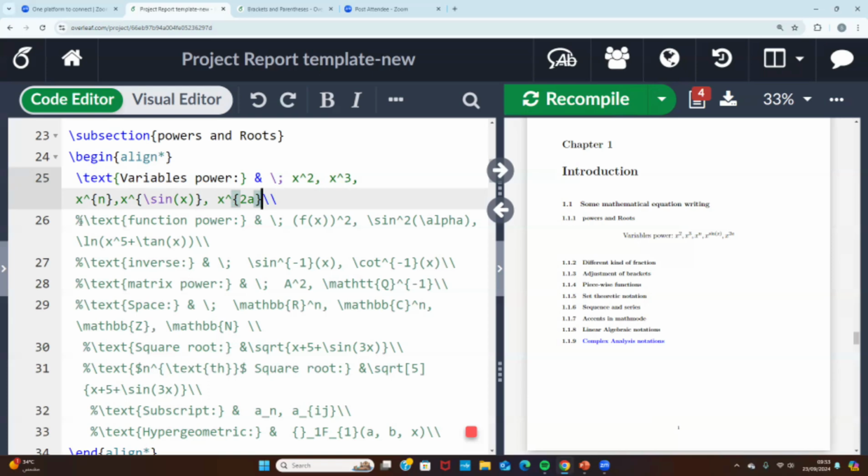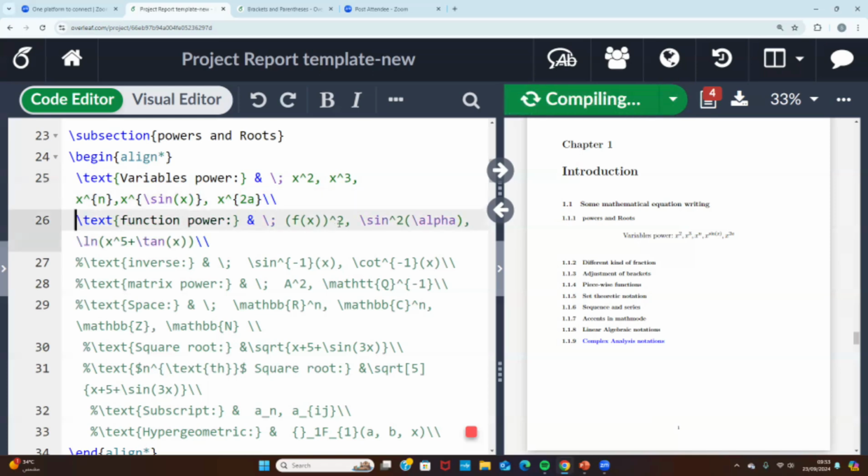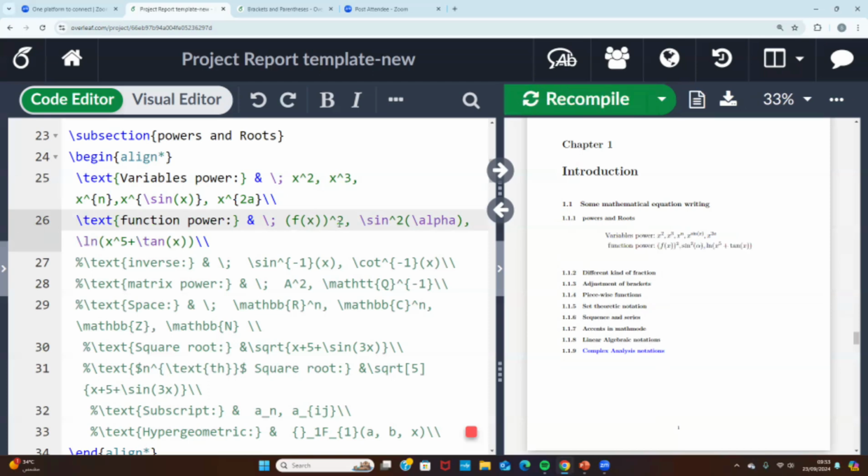Okay, now let's say we have the power of functions. So how can we take the power of functions? So f(x) whole square, then sine square. If you want to write sine square, backslash sine, as we did write the sine, and then power 2, then the argument of the sine: alpha, beta, gamma, theta, whatever you want.